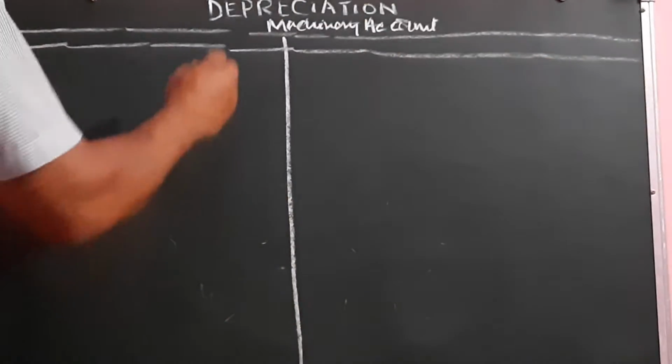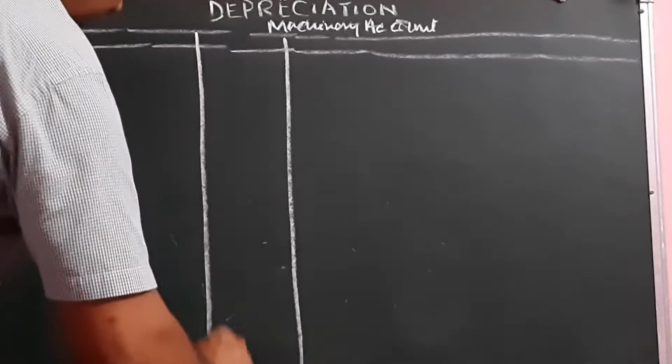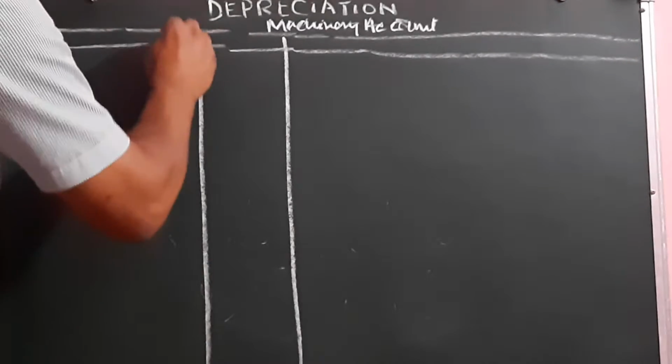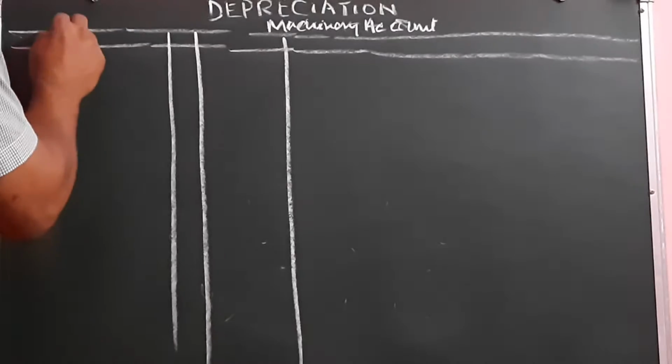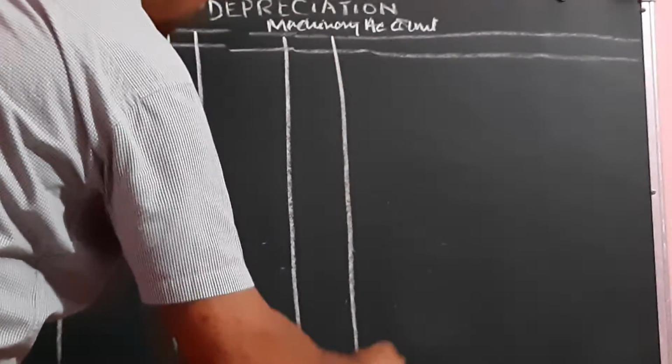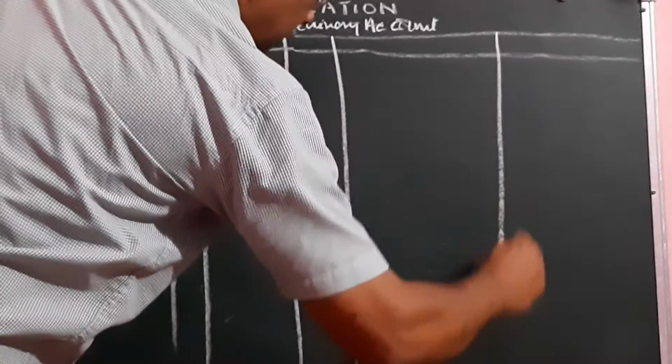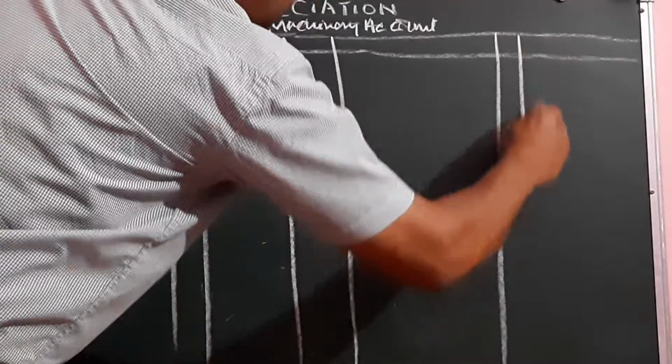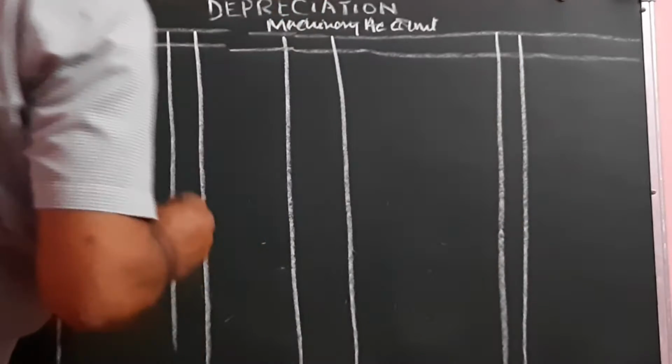This is the debit side with date, particulars, journal folio and amount, and the same on the credit side.